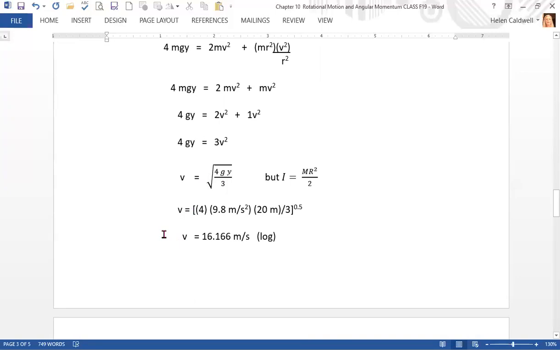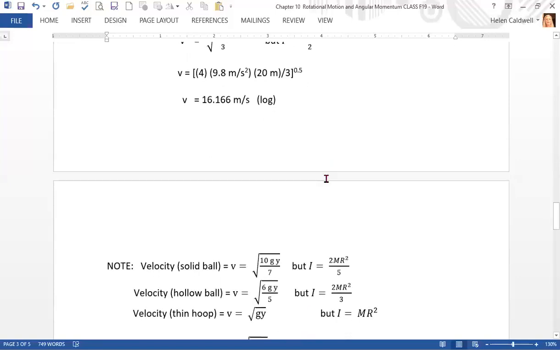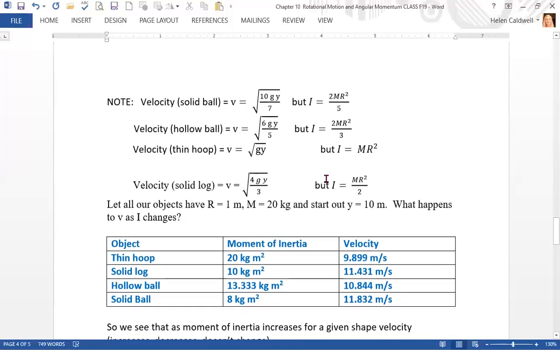Now, this is a perfect world because we ignored dissipated energy, but still, I think it's important for you to realize that the velocity is independent of the length of the log and the mass of the log. But the moment of inertia is not. It depends on the mass and the radius, and in fact, the shape, because that's where we get all those different equations.